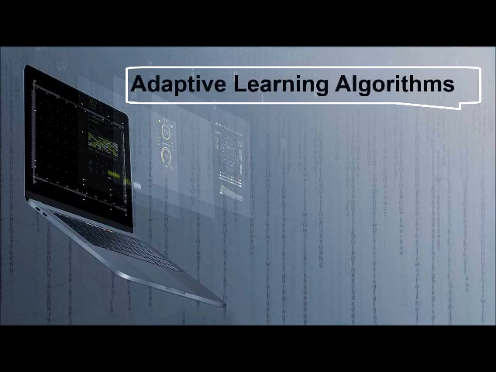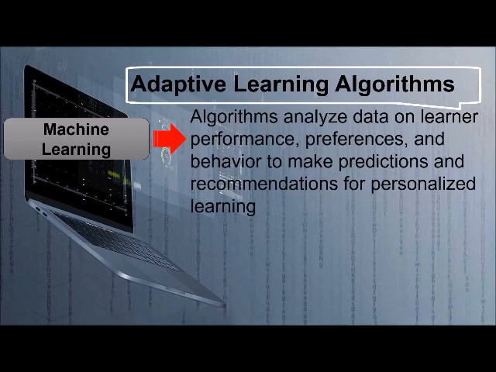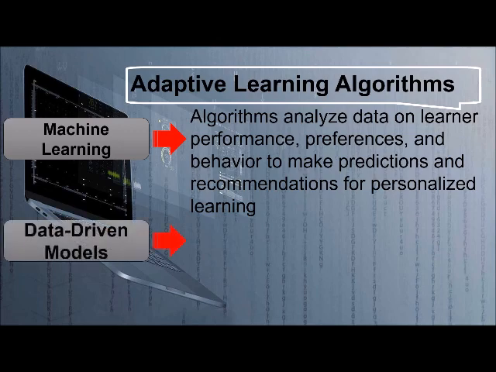Adaptive learning algorithms. One of the adaptive learning algorithms is machine learning. These algorithms analyze data on learner performance, preferences, and behavior to make predictions and recommendations for personalized learning. Adaptive machine learning builds on traditional machine learning to create a more advanced solution for real-time environments with variable data.